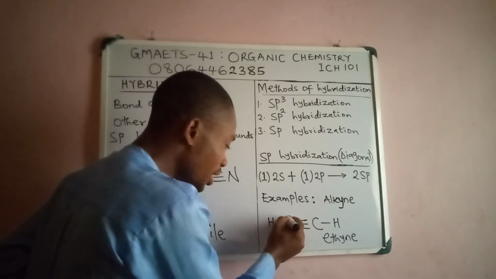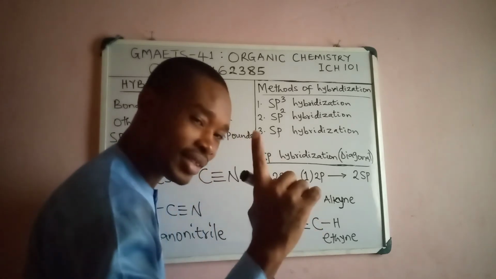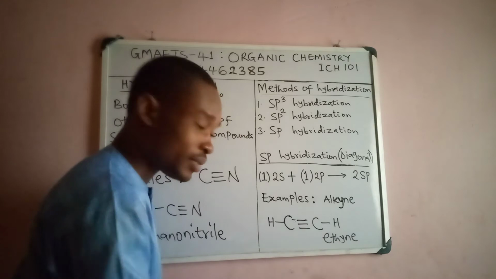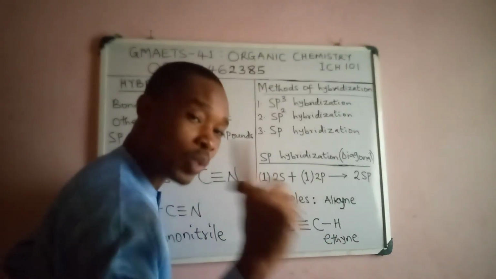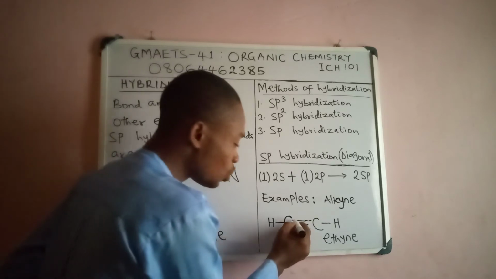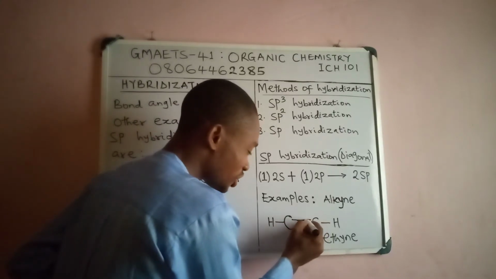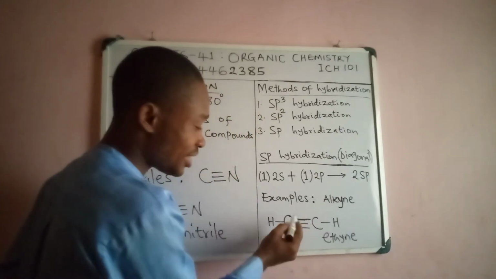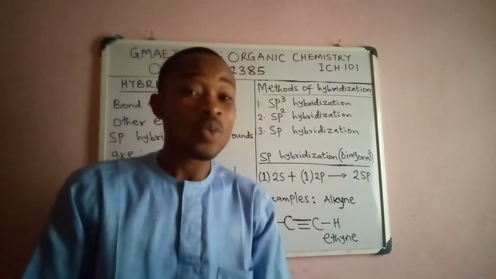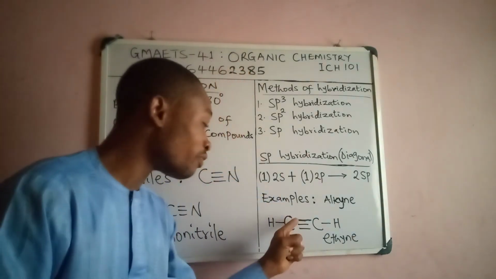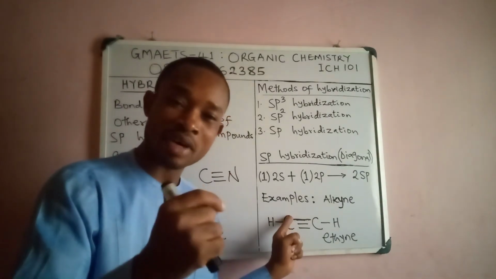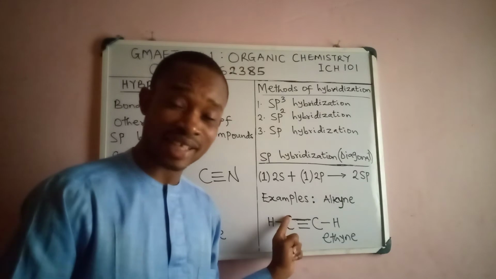This carbon will donate 1 of its sp hybridized orbitals, and this will donate 1 of its sp hybridized orbitals. They will overlap axially to give us a sigma bond. That is a strong bond. Once again, don't forget, when hybridized orbitals are used to form a bond, the bond is a strong bond called what? Sigma bond, which is usually single.